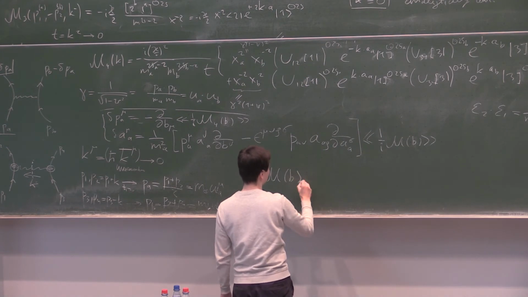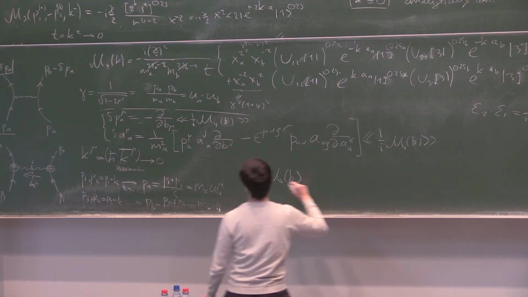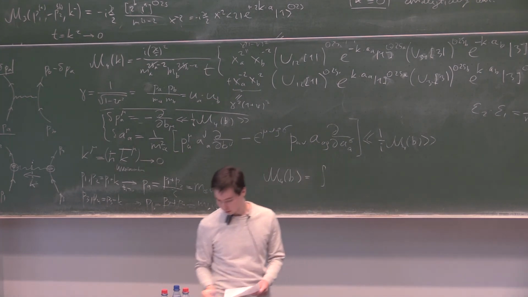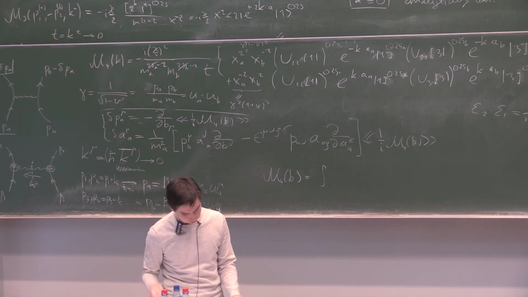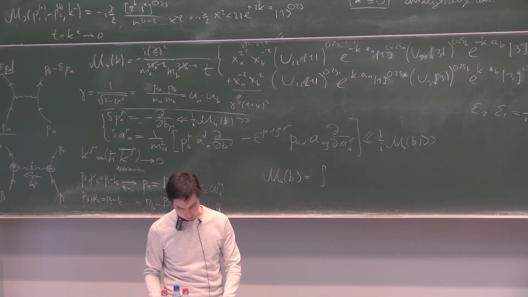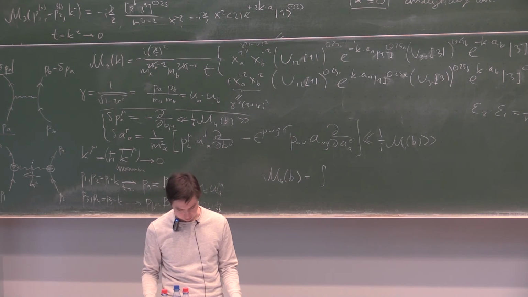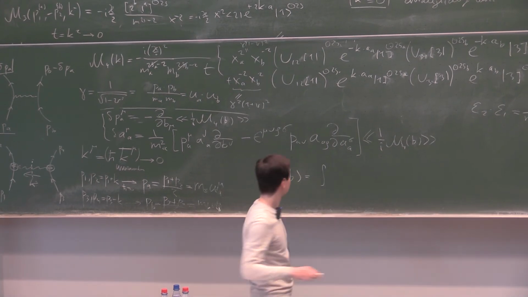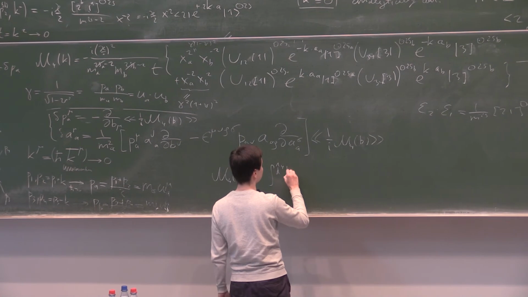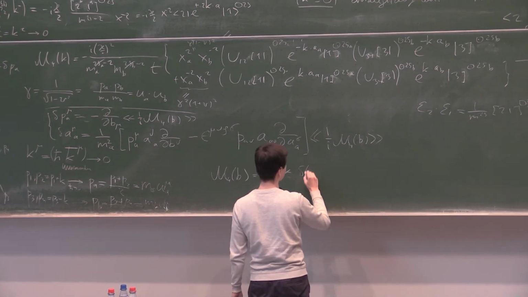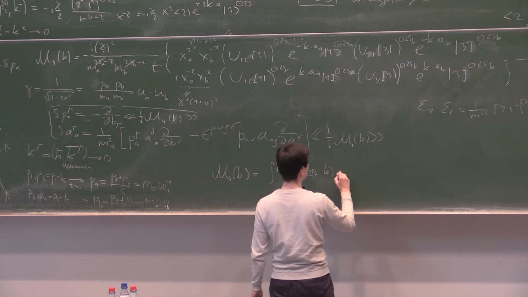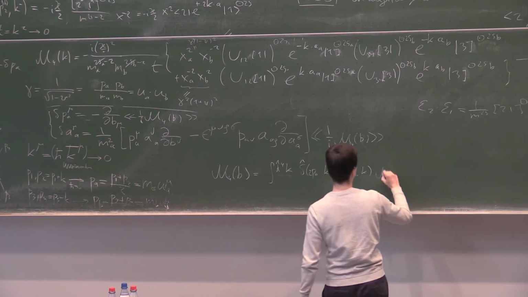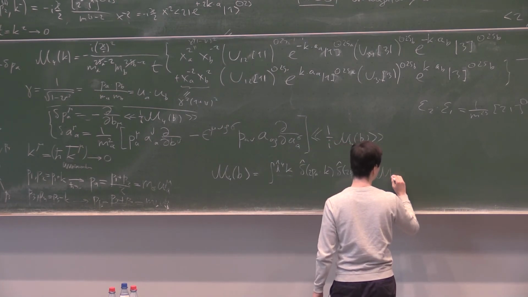So if I define M_B in position space, where B is the impact parameter for my classical scattering, if I define it to be that measure, it was G4K delta PAK delta PBK and 4K.